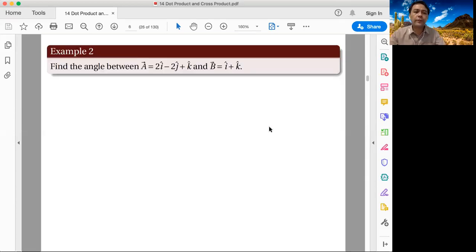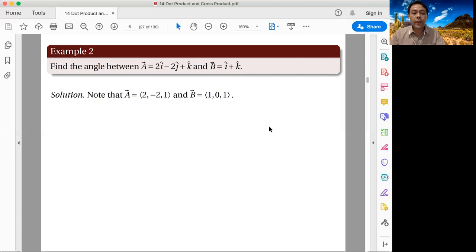So for instance, find the angle between A equals 2i minus 2j plus k and B equals i plus k. Now take note that the i, j, k's here are unit vectors, and they represent the natural unit vectors in three-dimensional space. So we can rewrite the vectors to one we are more familiar with.